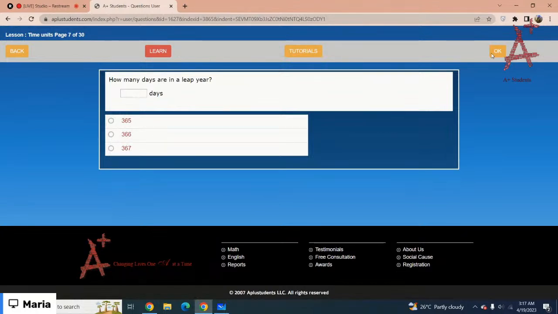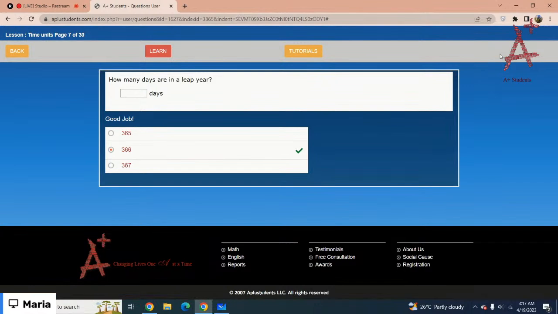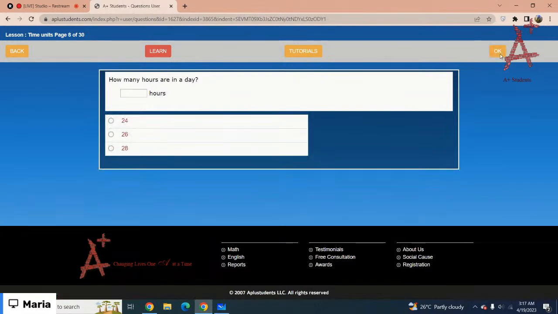How many days are in a leap year? In a leap year, we have 366 days. Got it? One more day in a leap year. Got it? How many hours are in a day?